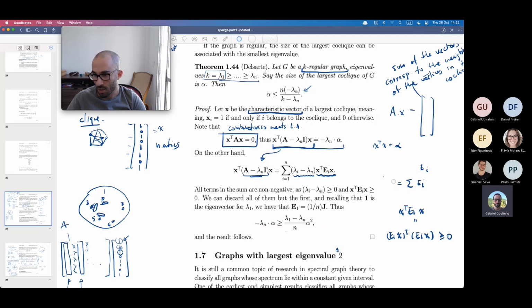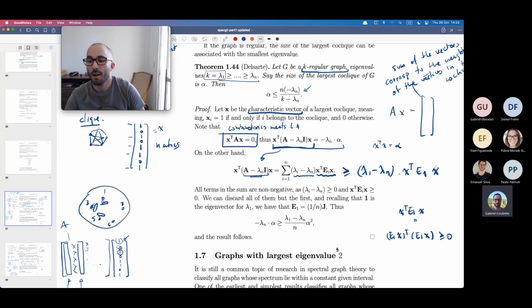So this thing that you're seeing there is greater or equal than lambda 1 minus lambda n times X transpose E sub 1 X. I'm simply ignoring the terms corresponding to bigger indices. All of them are non-negative, so if I throw them out, I get something necessarily smaller or equal, right?